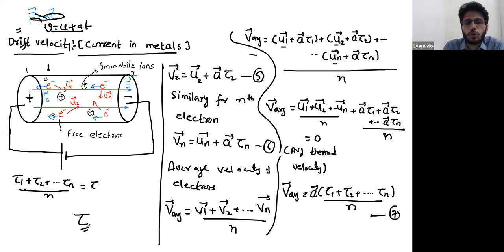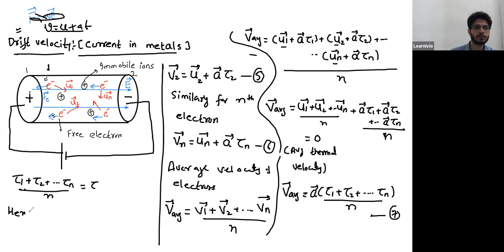Not formula, the same thing. What does tau 2 physically represent here? Time taken by the second electron to collide with two successive ions. Similarly, tau n. But when I write tau 1 plus tau 2 plus tau n by n, I'm taking the average time in two successive collisions.